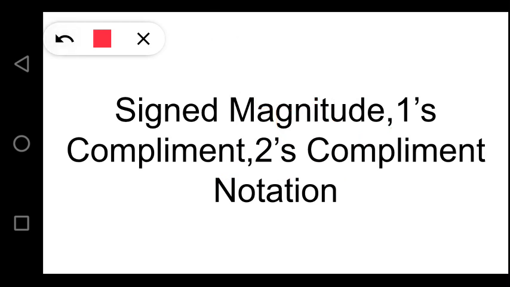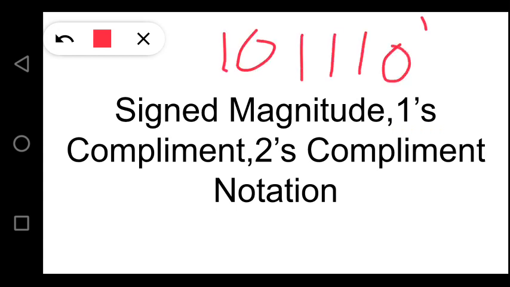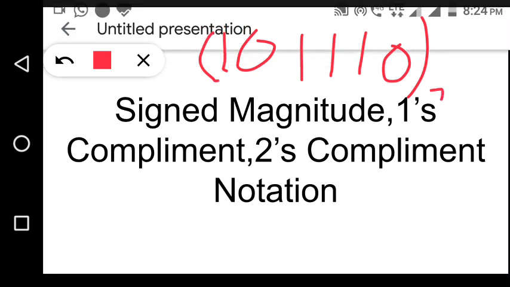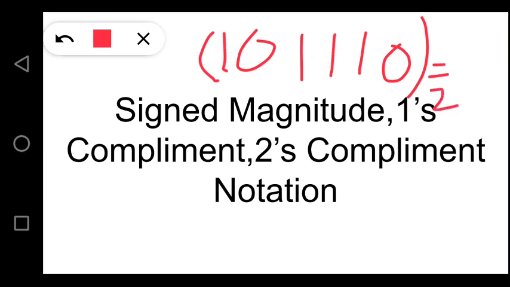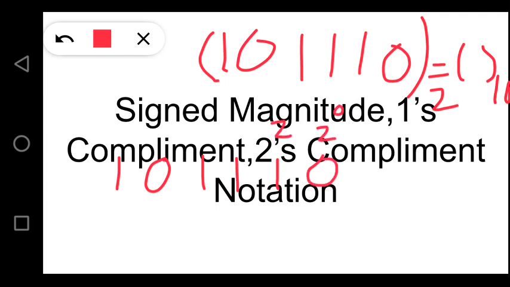Similarly, if I give you a binary number like this, what would be its equivalent decimal value? So take the binary number 10110, go and write the weights 2 power 0, 2 power 1, 2 power 2, 2 power 3, 2 power 4 and 2 power 5.